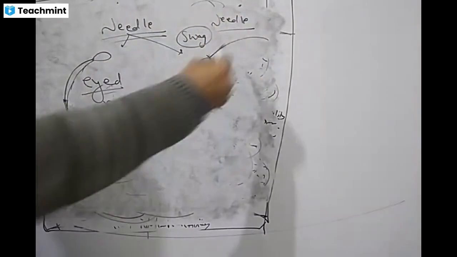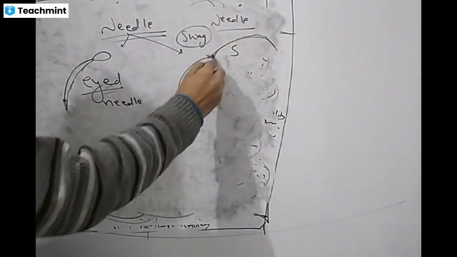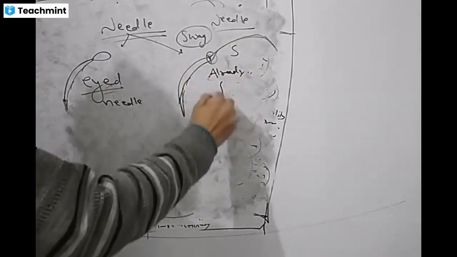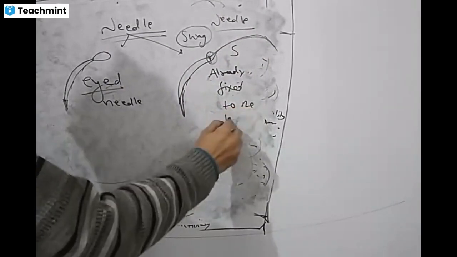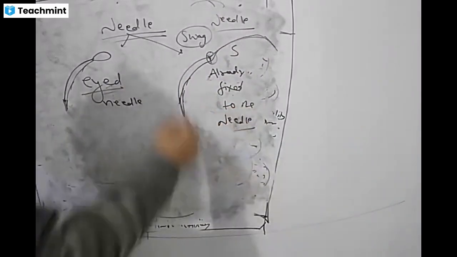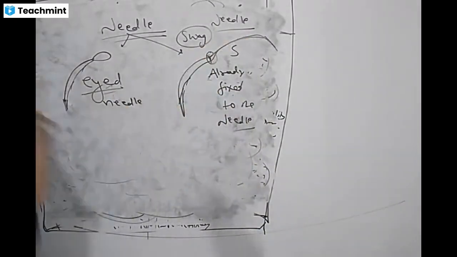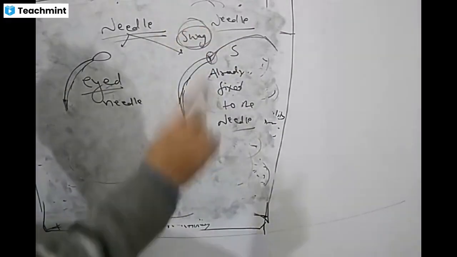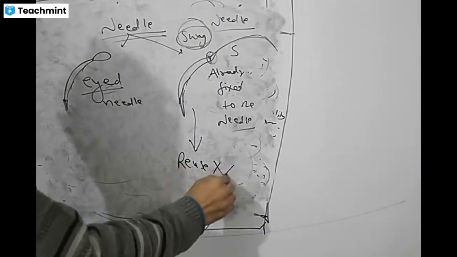In this needle, the suture material is already fixed to the needle. It means this needle with suture material is already fixed, this is swaged, and we cannot reuse.